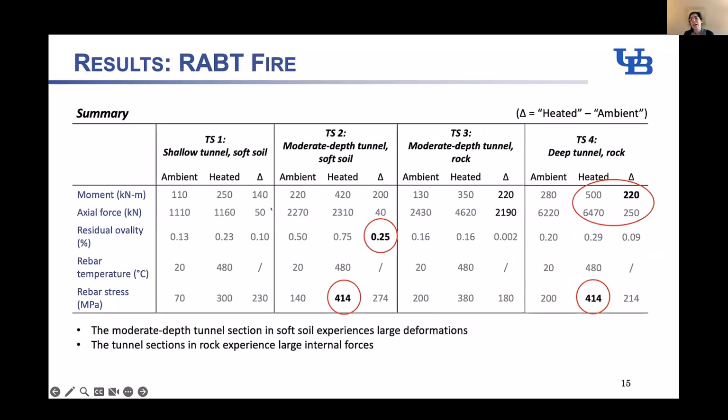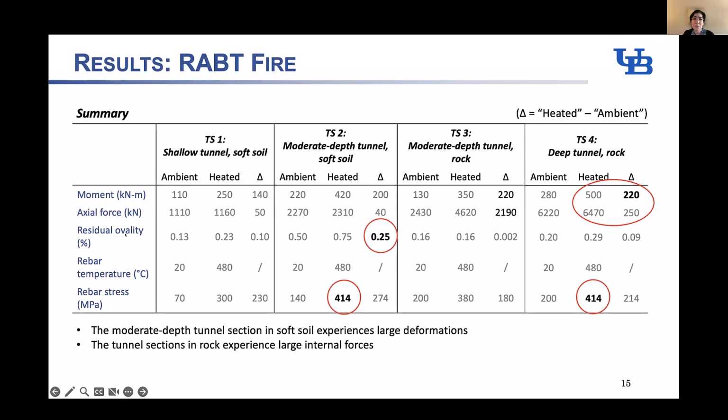I am not going to go into the details, but we all know, based on everything we heard earlier this morning, there are reversals of moments in all these sections as we go through heating and cooling. So this is a summary of the results for the 4 tunnel sections, and it included the maximum moment and axial force.